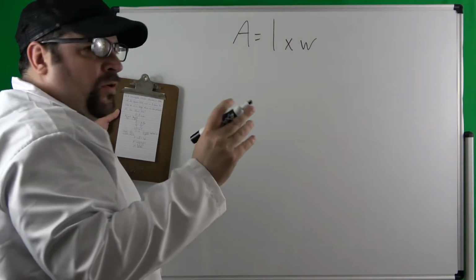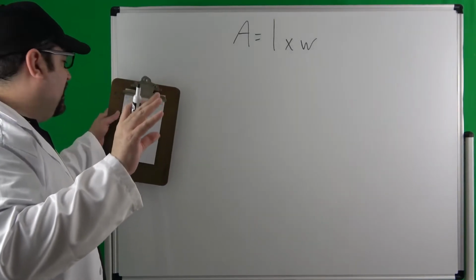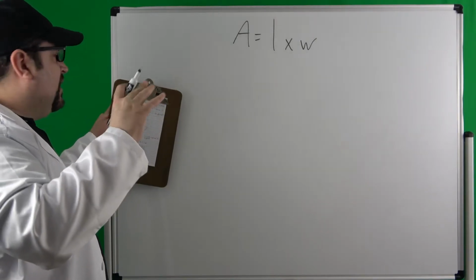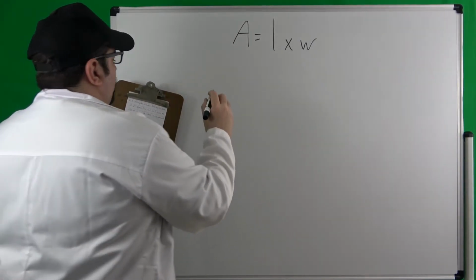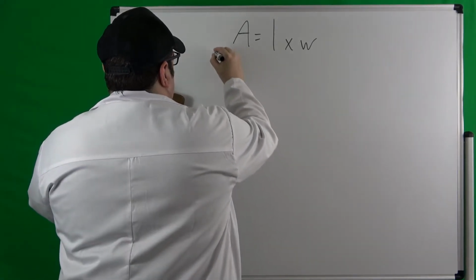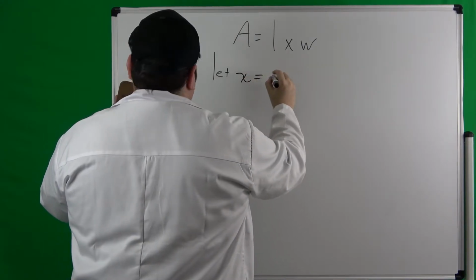So, okay, our goal in these is always to be able to write one of the sides, either the length or the width, in terms of the other one. So we're going to do our let sentences. So we're going to let x equal the length.